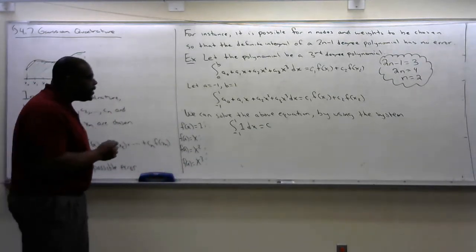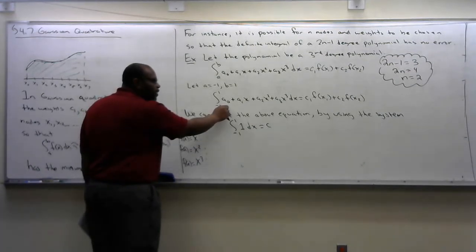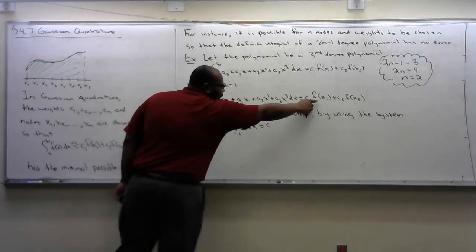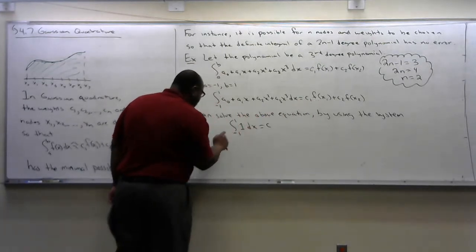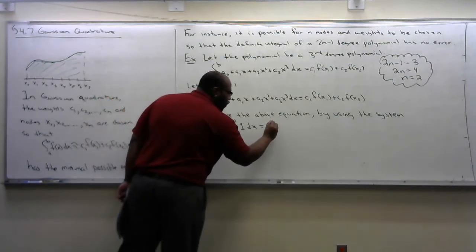If this statement is true, it should be equal to c1 times f of x1 plus c2 times f of x2. If my f is 1, think of this as my first basis function. What happens when I plug x1 into my function? I get the value of 1.